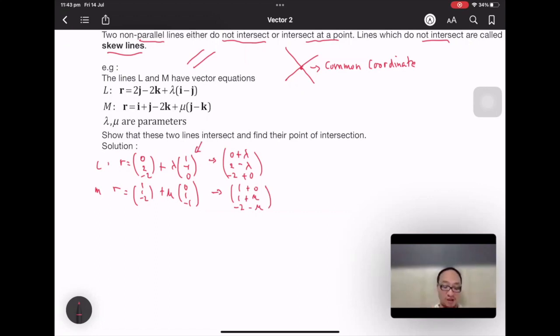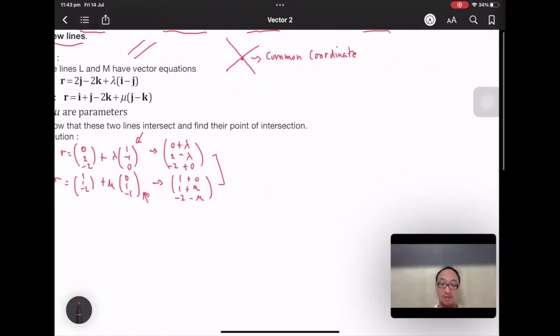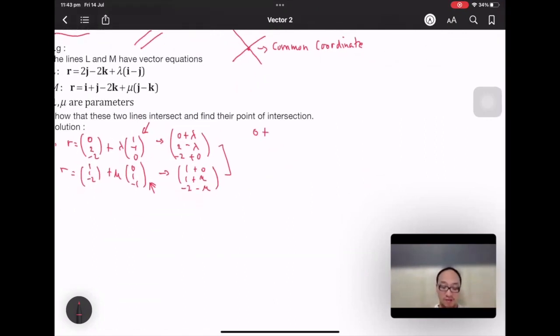Let's check first. The direction vectors of the two lines are not the same, so they are not parallel. So we can check whether they intersect or not. If they intersect, they have a common coordinate, so we can make them equal. So lambda, 2 minus lambda, negative 2 should equal 1 plus mu, 1 plus mu, and negative 2 minus mu.